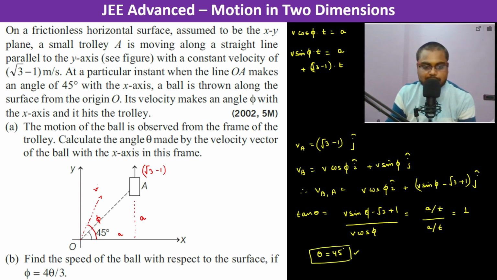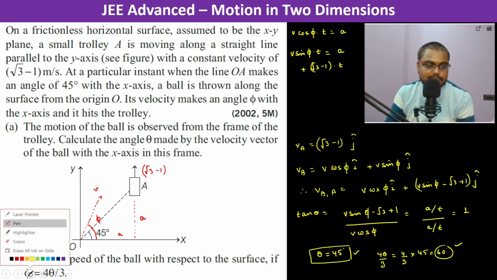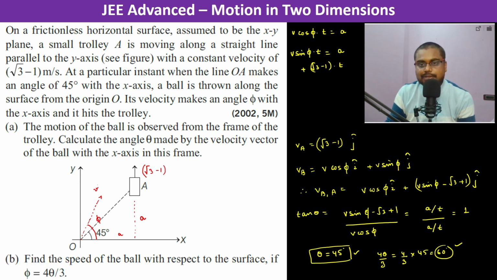Okay, find the speed of the ball with respect to the surface if phi is equal to 4 theta by 3. So 4 theta by 3 is equal to 4 by 3 into 45, which is equal to 60 degrees. Therefore, for the speed of the ball with respect to the surface, basically we have to find v.